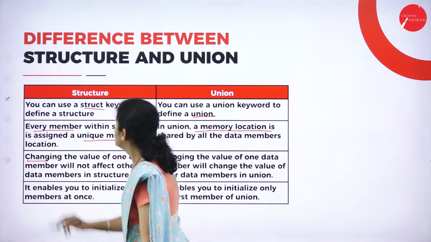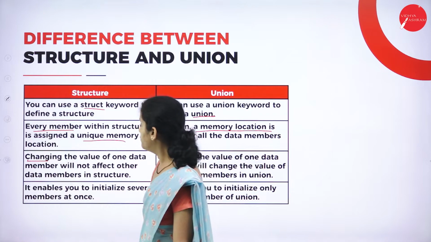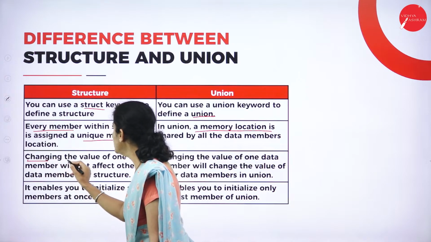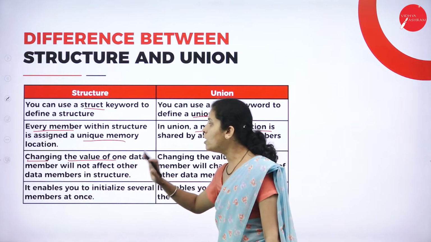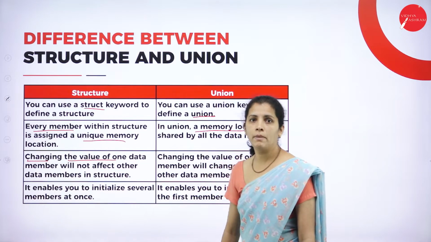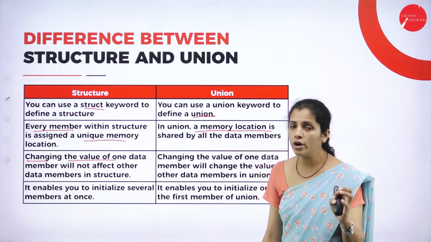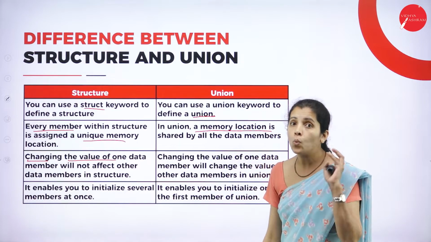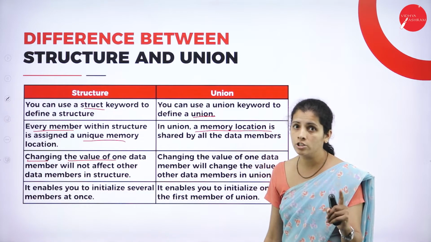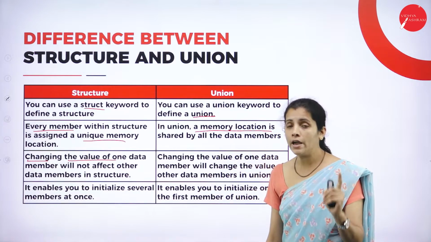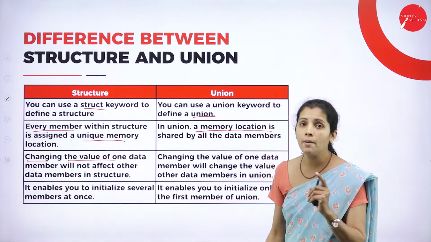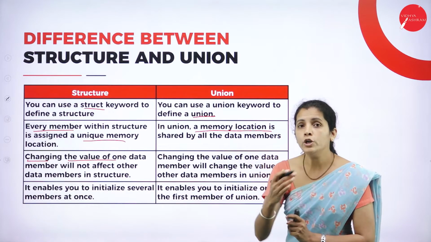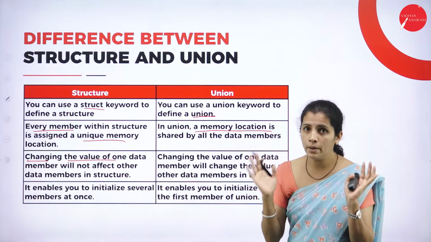Under structure, the third difference is that changing the value of one data member will not affect other structure members. If I modify the value of one data member in a structure, it does not affect other data members, because each data member uses a different memory location.